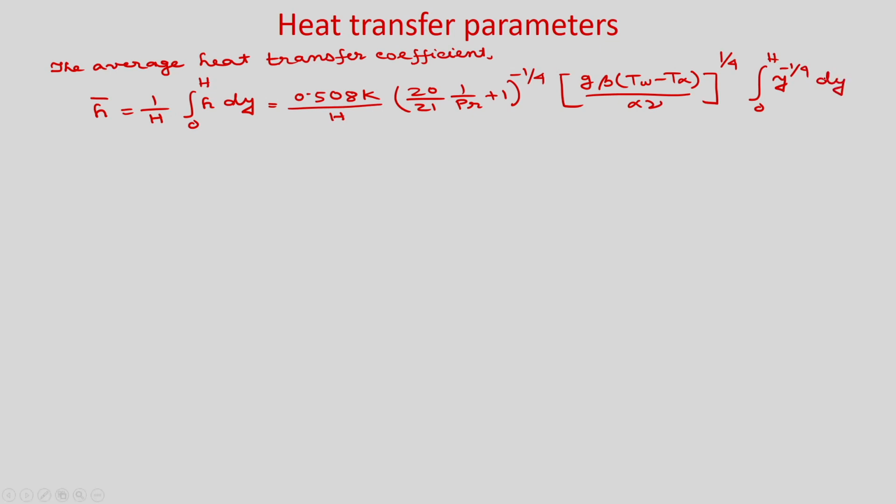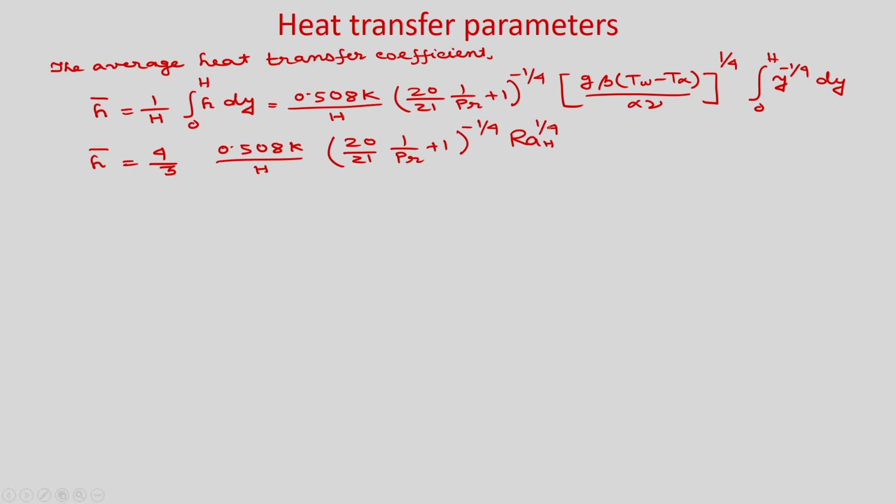Okay. So, if you integrate it and rearrange, you will get h bar is equal to 4 by 3 into 0.508 k by h, 20 by 21, 1 by Prandtl number plus 1 to the power minus 1 by 4, Ra H to the power 1 by 4.